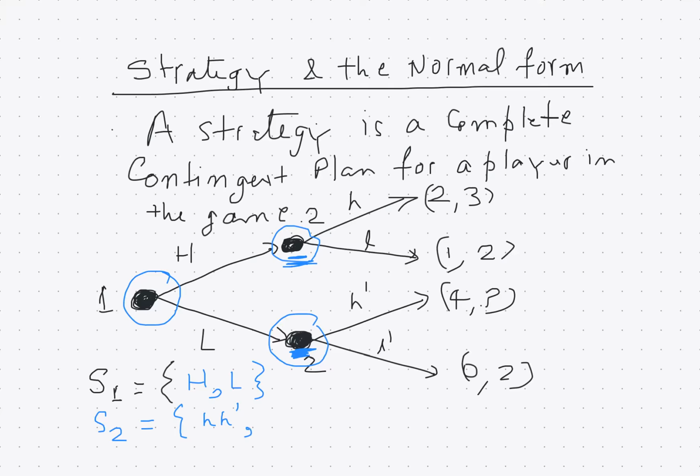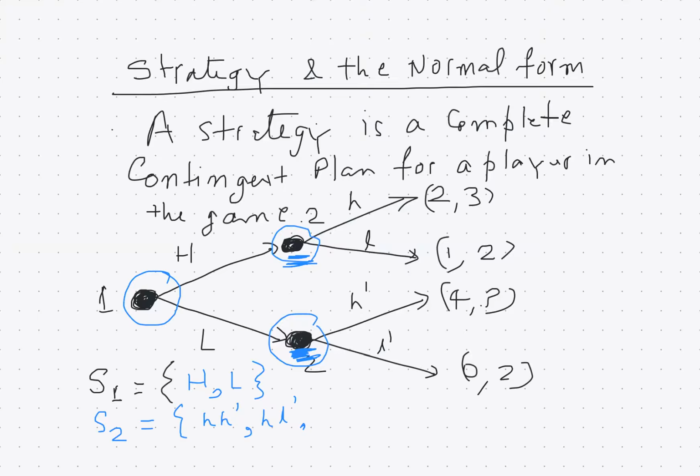But that's not all. So if player two at the top node plays, let's say, high price, then he can always choose low price here at the bottom node, right? So you can say H and L prime, that's another strategy. And similarly, you can write down the other two.